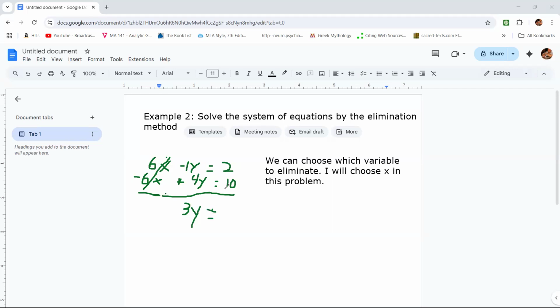We have 2 plus 10, it's 12. And then we solve for y. We divide by 3 here and by 3 here.